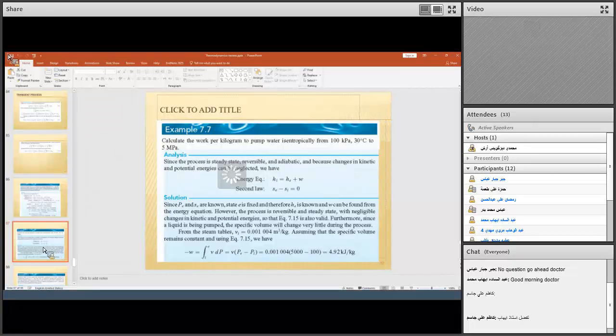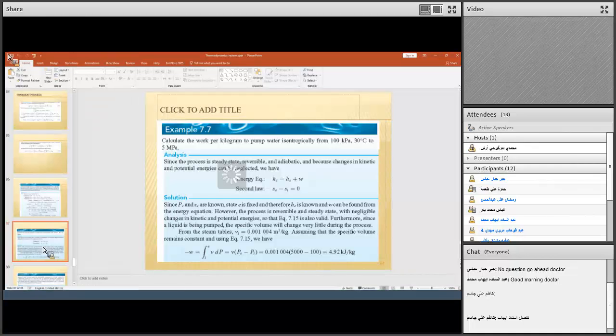This problem is to calculate the work per kilogram to pump water isentropically from 100 kilopascal and 30 centigrade to 5 megapascal.